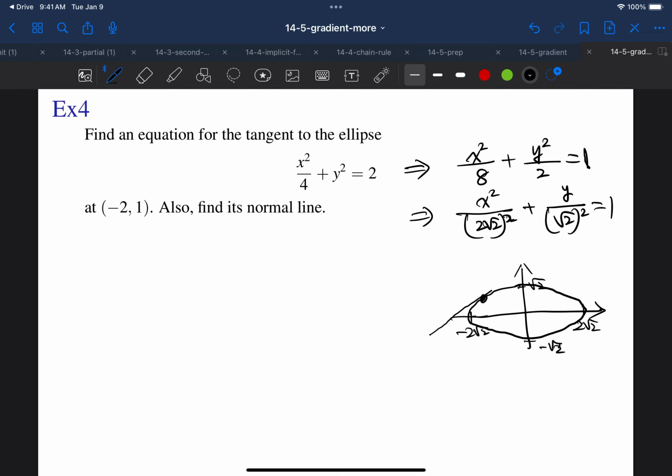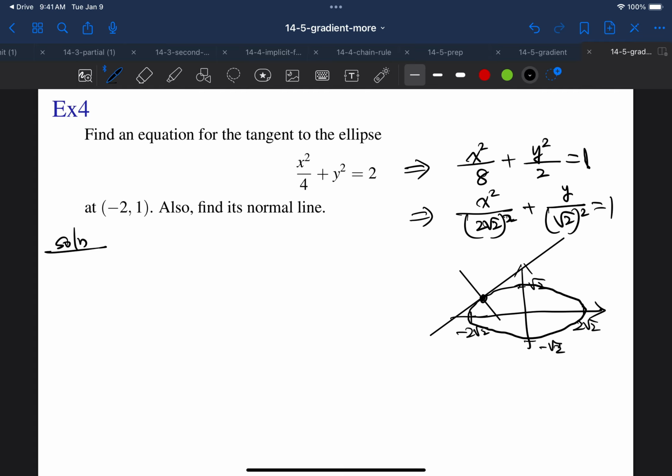Find an equation of the tangent line and find an equation of the normal line. So far, everything is Calc 1 knowledge, but we're going to use Calc 2 knowledge to solve this problem.